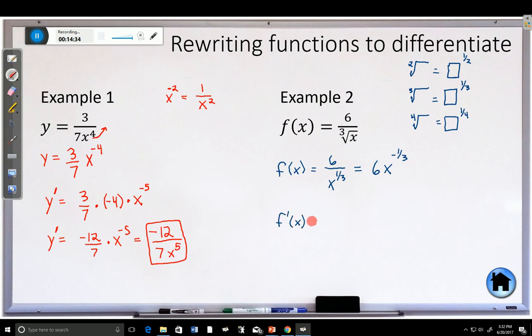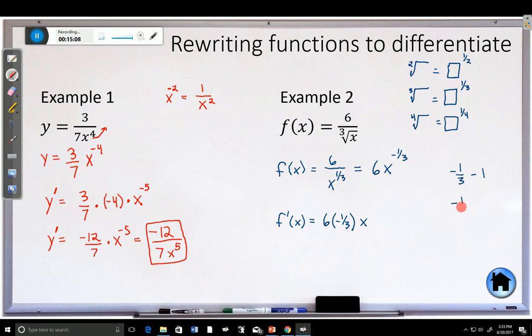So f prime of x. The 6 is a constant, it stays. Multiply that by negative 1/3. That negative 1/3 multiplies down with the power rule. You might be able to do some of this in your head. If not, I'm writing all the steps down for you. And then we have to subtract 1 from the exponent. All right, so we have to be a little careful here with our fractions. What is negative 1/3 minus 1?